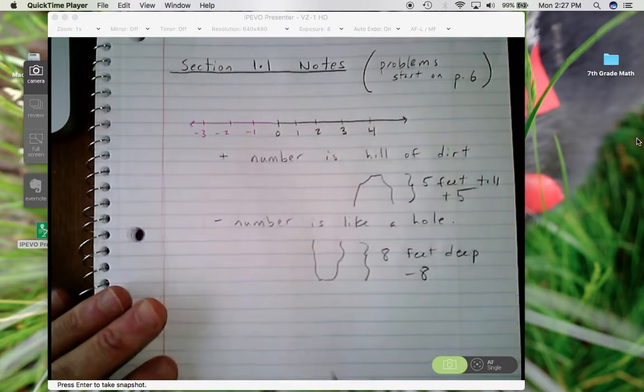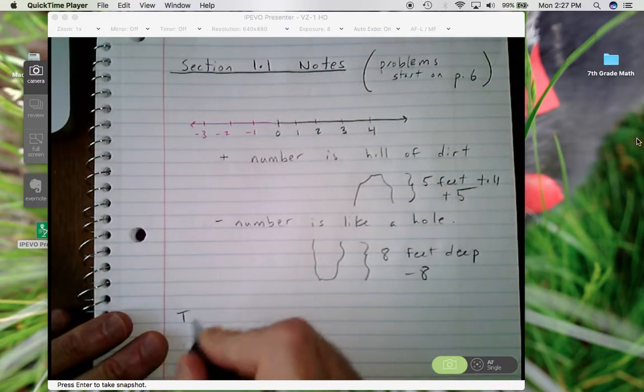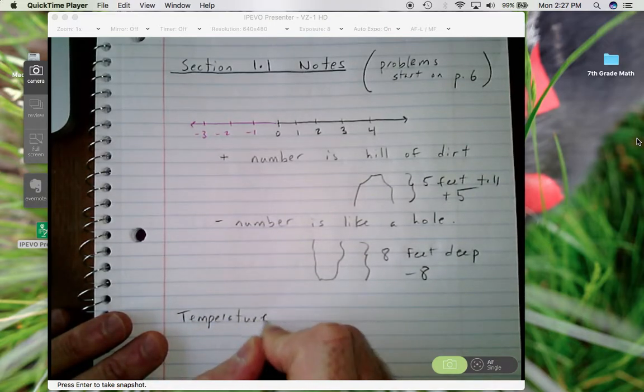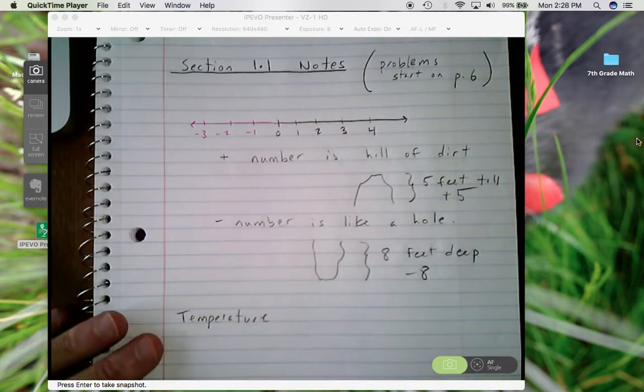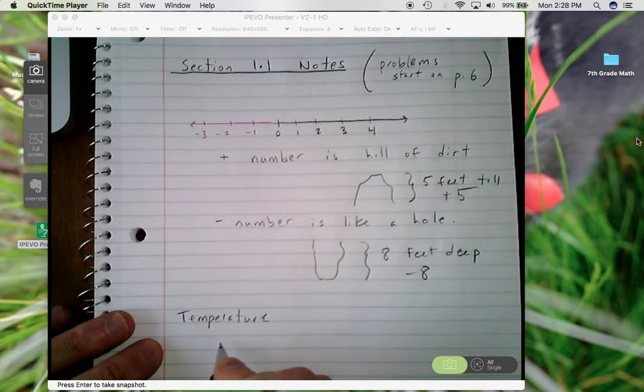So you've also heard of positive numbers and negative numbers with temperature. Usually around here, I can't think of any situations, but I'm sure it's happened where the temperature's gone below 0, and that'd be negative. But usually we're in the positive, so we don't write the plus. Just so you know, the highest temperature ever recorded is 129 degrees Fahrenheit, and that was in Kuwait.